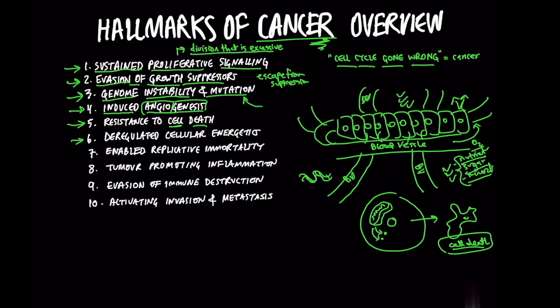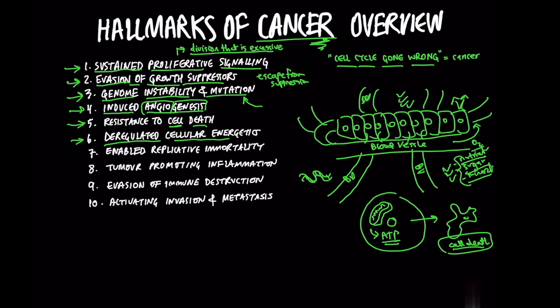And hallmark number 6 is deregulated cellular energetics, deregulated as in dysregulated, as in not properly regulated, and cellular energetics is basically related to the energy resources and use of the energy within a cell. Mitochondria, we know, is the powerhouse of a cell, and is usually involved in the cellular energetics because it gives the cell ATP, which is the energy molecule.